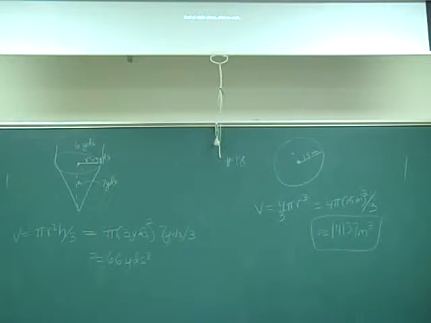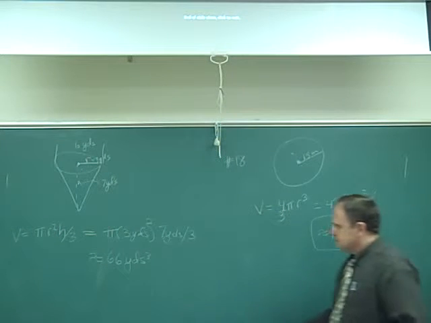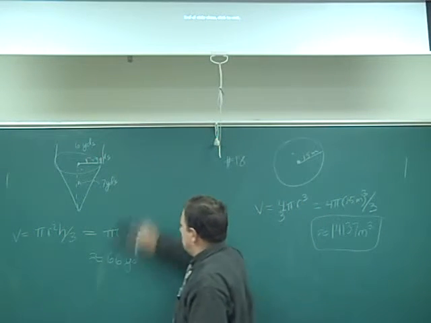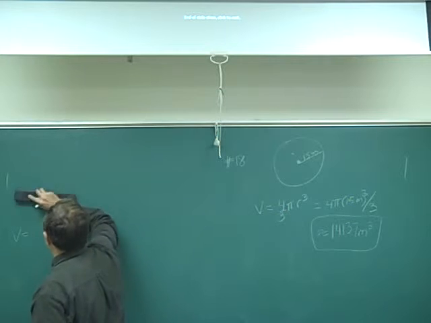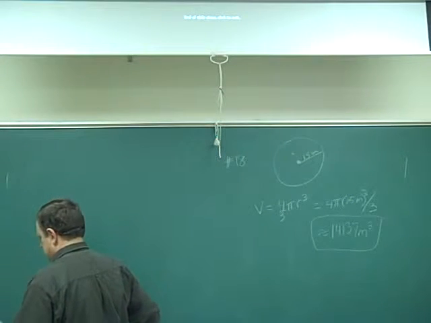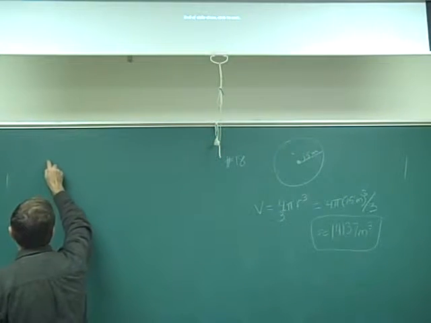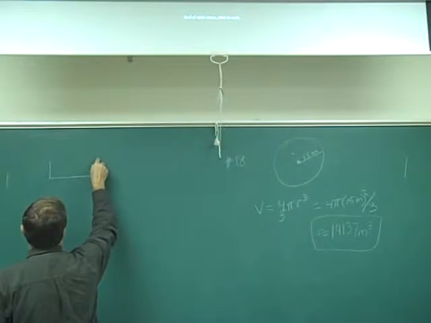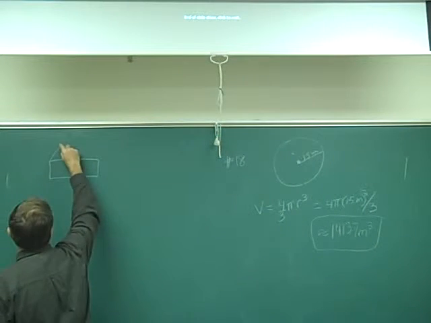Alright, on problems 21 through 24, we want to find the surface area of each figure. Now this was not in the book, but it's one like you'll see on the homework. Okay, here's our rectangle, here's our prism.